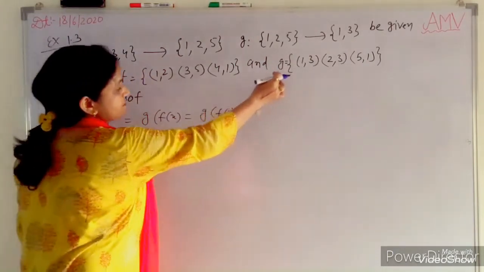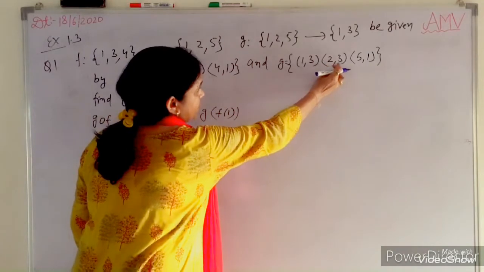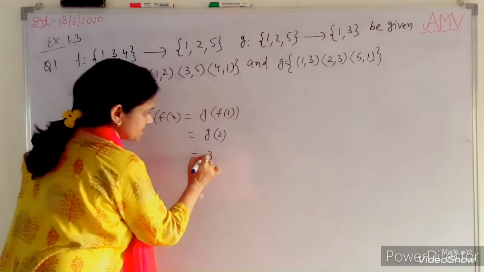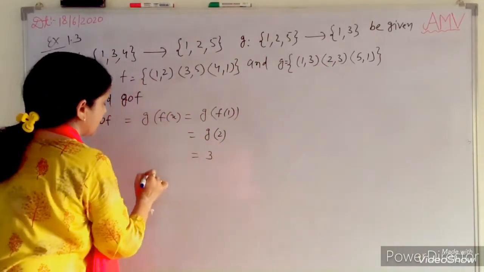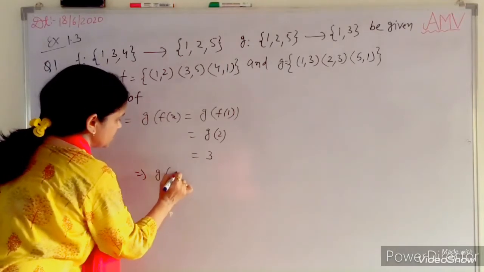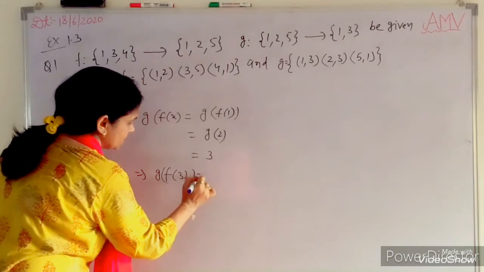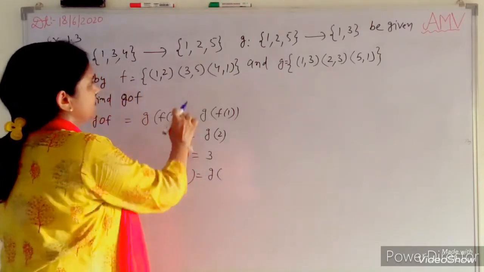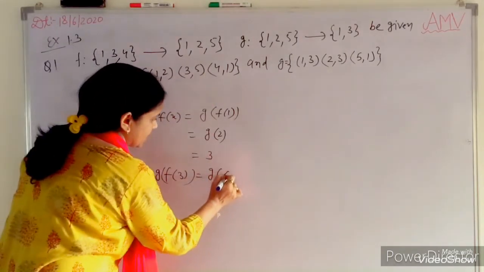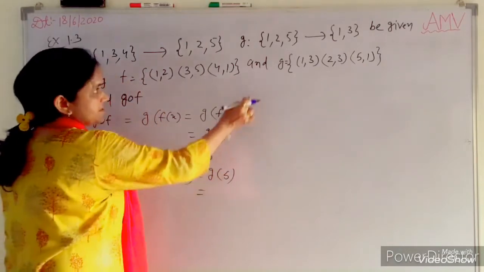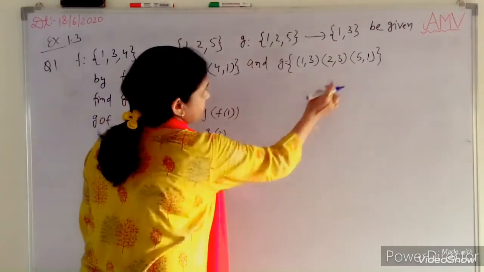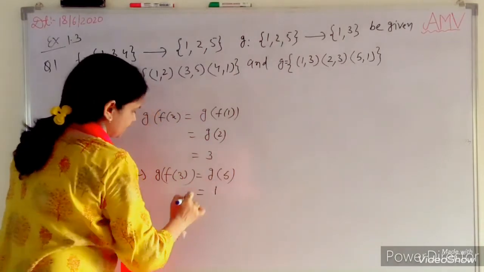Now see in G, the image of 2 is 3, so G(2) is 3. Okay. Now same for GF(3). Now the image of 3 is 5, and now see inside G, the image of 5 is 1.